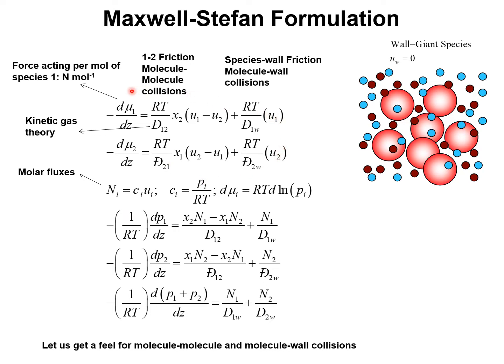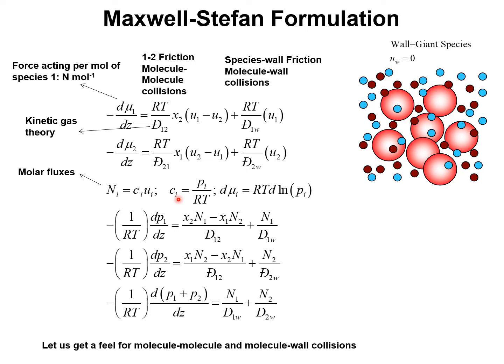We may recast the Maxwell-Stefan equations in terms of molar fluxes. These molar fluxes are expressed as moles per square meter of pore area per second, and that is equal to the molar concentration of component i within the pores times the velocity of component i.